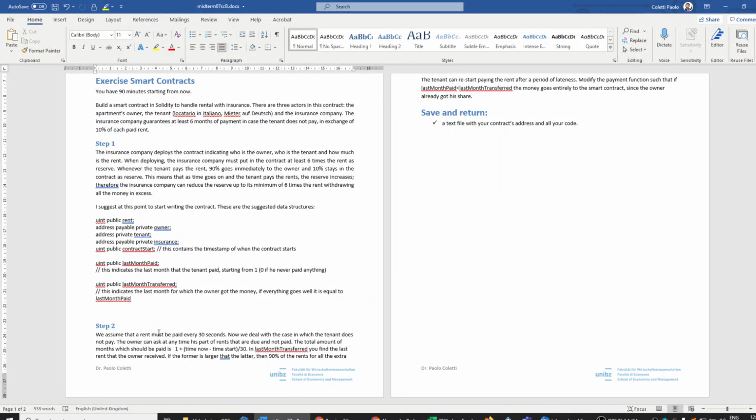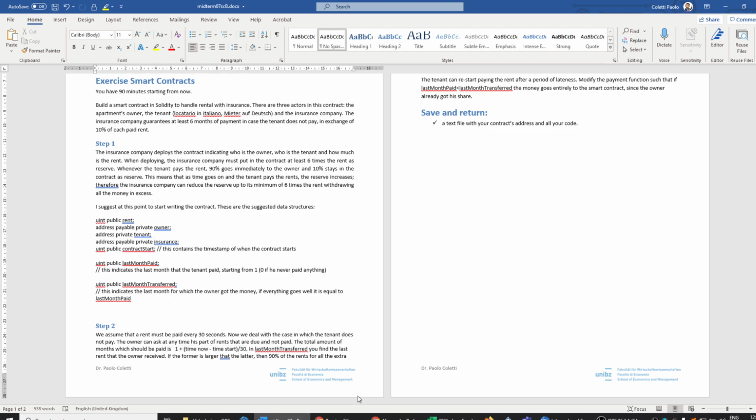We assume that a rent must be paid every 30 seconds, so it's a quick rent. We imagine it's 30 days. Now we deal with a case in which the tenant does not pay. The owner can ask at any time his part of rents that are due and not paid. The total amount of months which should be paid is this thing here. So look, I tell you, just to avoid that some of you get stuck because the formula doesn't come to your mind.